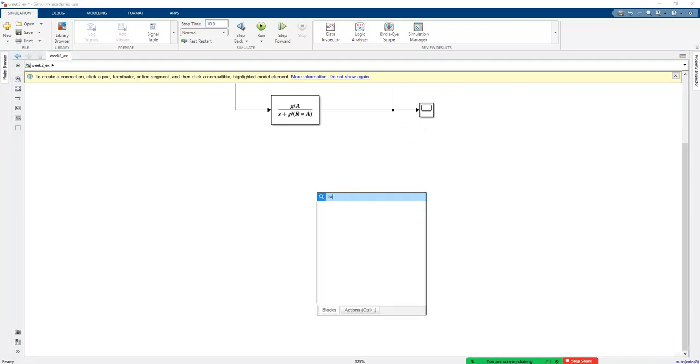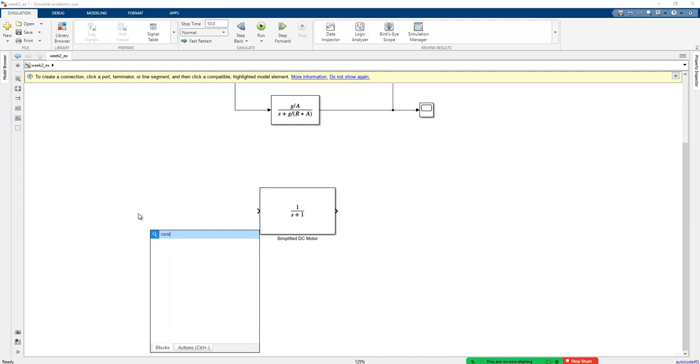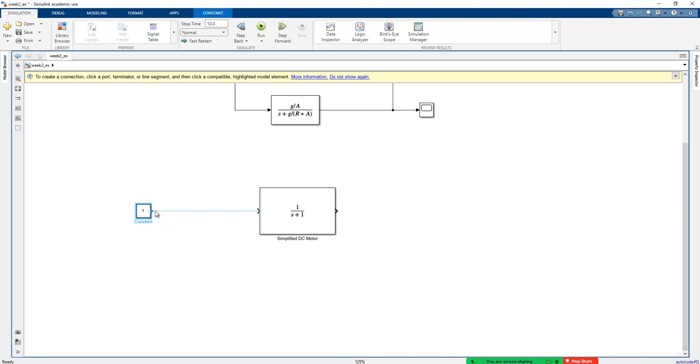How can I use or build the transfer function here? The transfer function can be assigned with these terms. The DC motor, or simplified DC motor, can be assigned here. We can use a constant value for the motor voltage, just like this one.